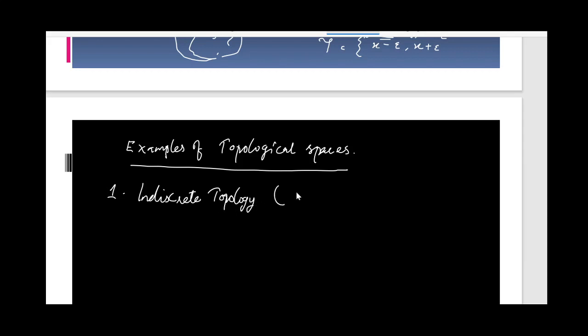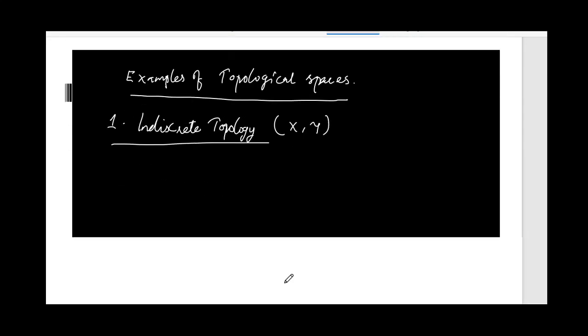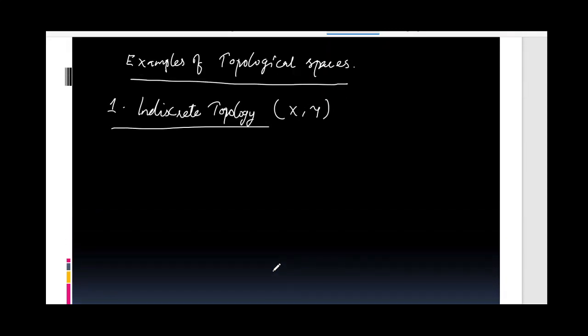We are denoting it as (X, T). So suppose we are having a set X equal to {1, 2}.